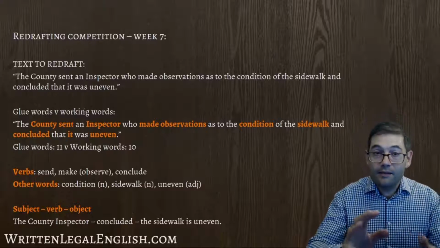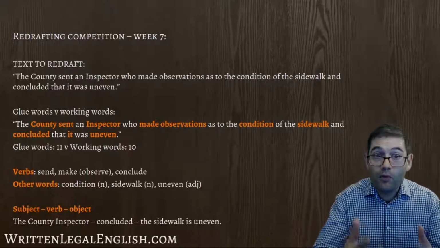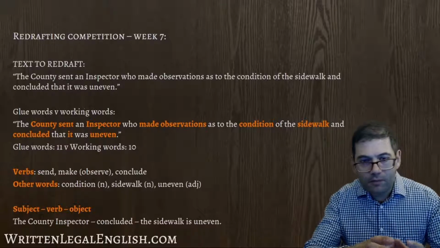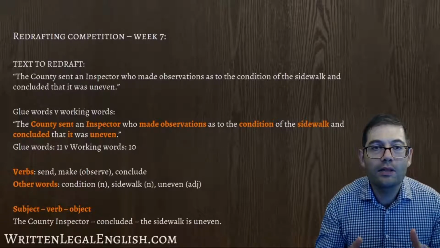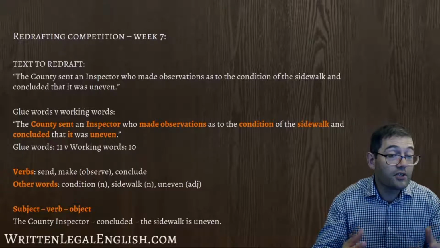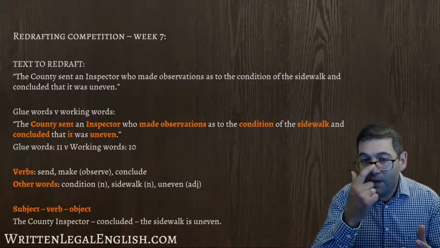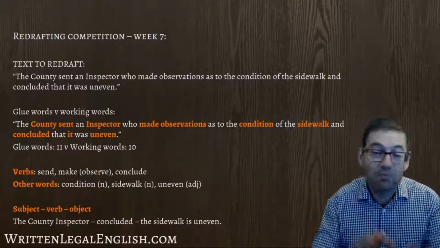Now there are words which I've removed, and the context might determine that those words are actually needed. For example, talking about the process of making observations could be important. It could be important to talk about the condition. Possibly.